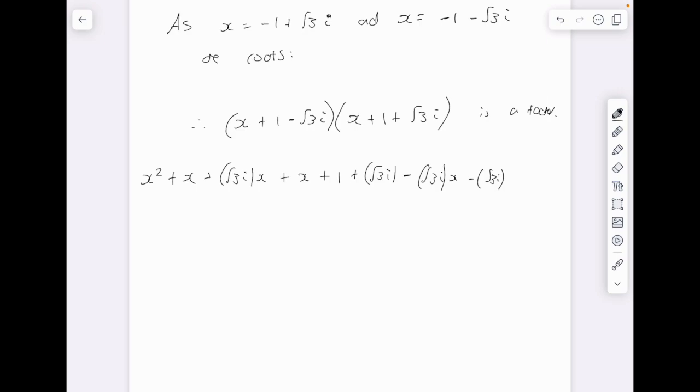That's going to equal what? Plus 3. Negative 3 times i squared, well, yeah, plus 3.